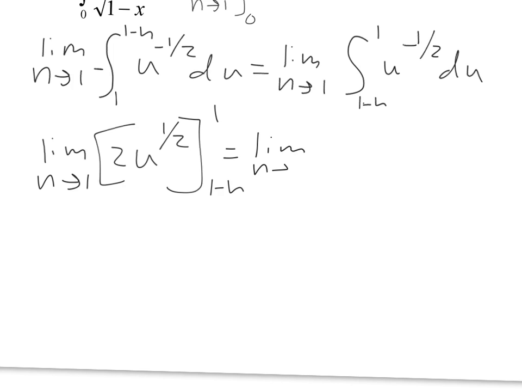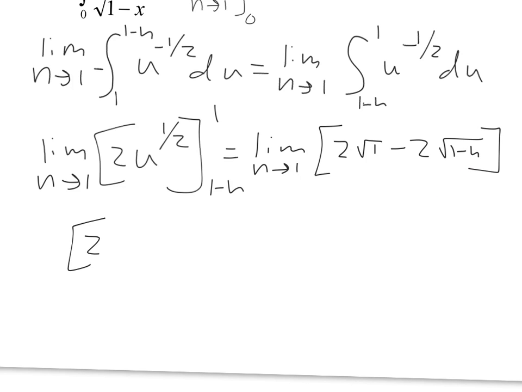This is like saying the limit as n approaches 1 of 2 square root 1 minus 2 square root 1 minus n. And now there's no real reason why I can't plug in that limit anymore. And so I could say this is really like saying 2, because 2 times square root 1 is just 2, minus 2 times the square root of 1 minus 1. Well, 1 minus 1 is 0. And 2 times 0 is 0, so we really just have 2 minus 0, which is 2.